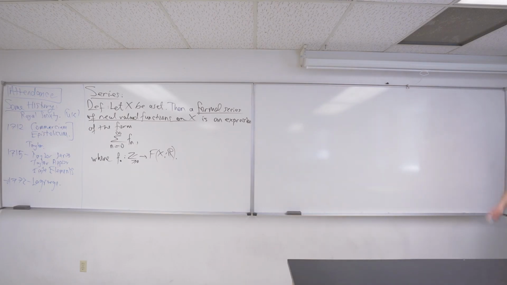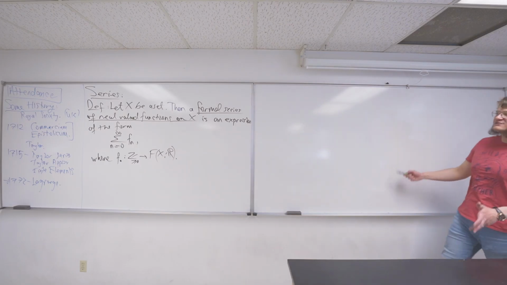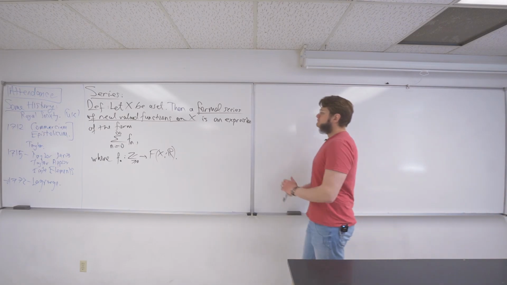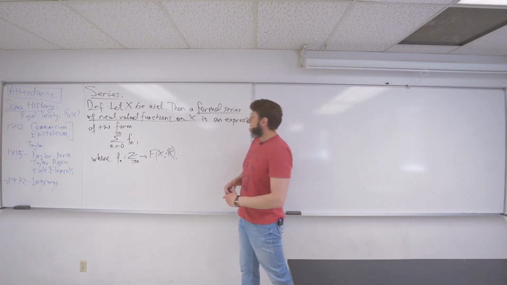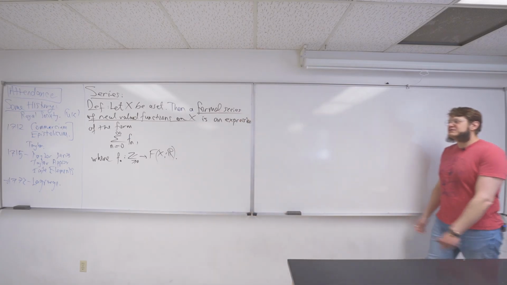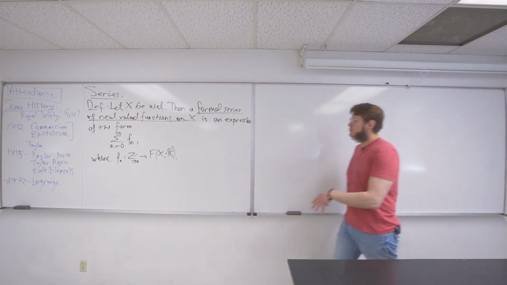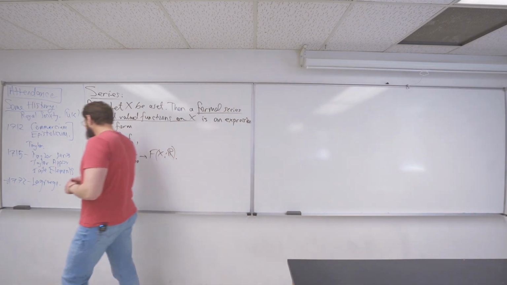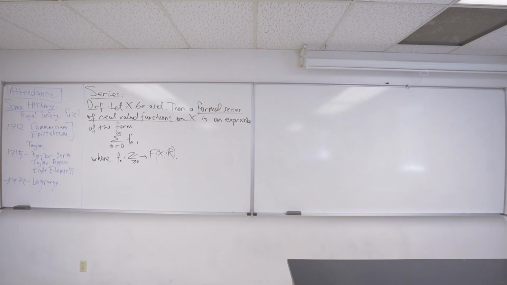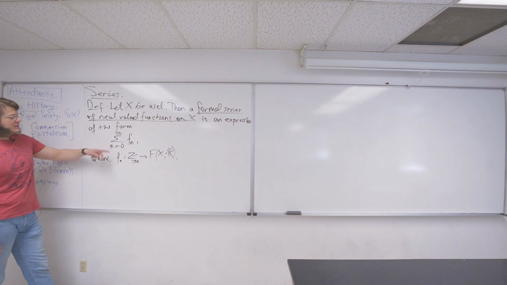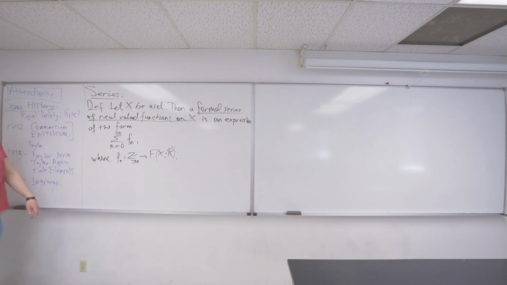So, series, okay, infinite sums. I'm going to be, again, biased toward functions, because that's what we're really going toward. So if I have a set X, then I'm going to define a formal series of real valued functions on X to be an expression of this form: the infinite sum of f sub n, where f sub n is a sequence of functions on X taking real values.